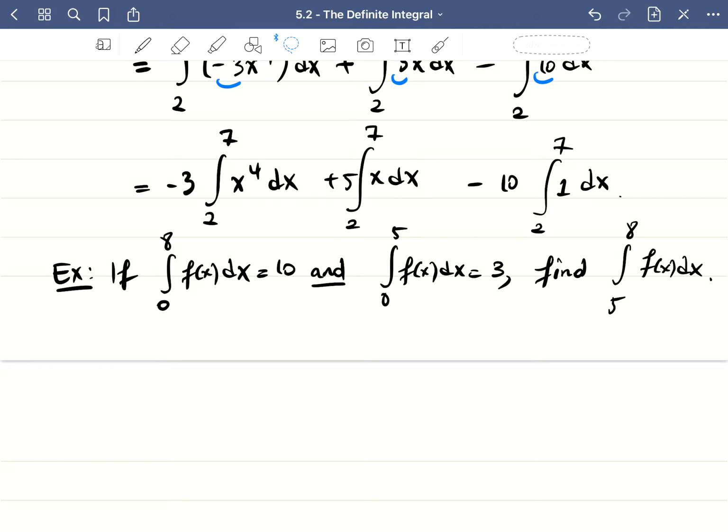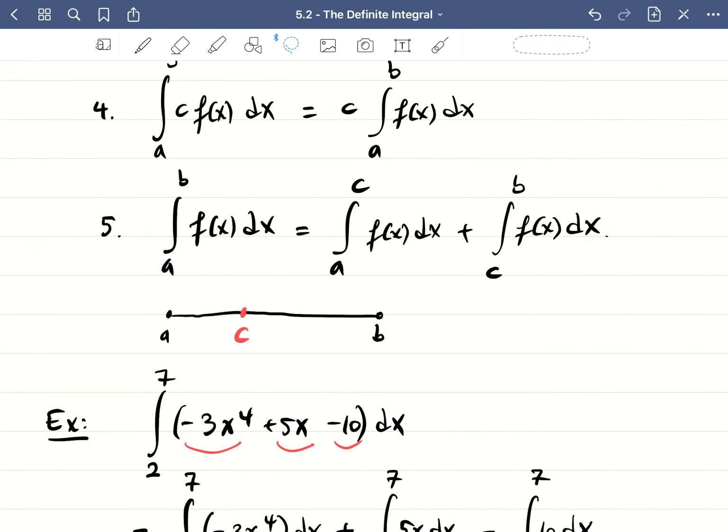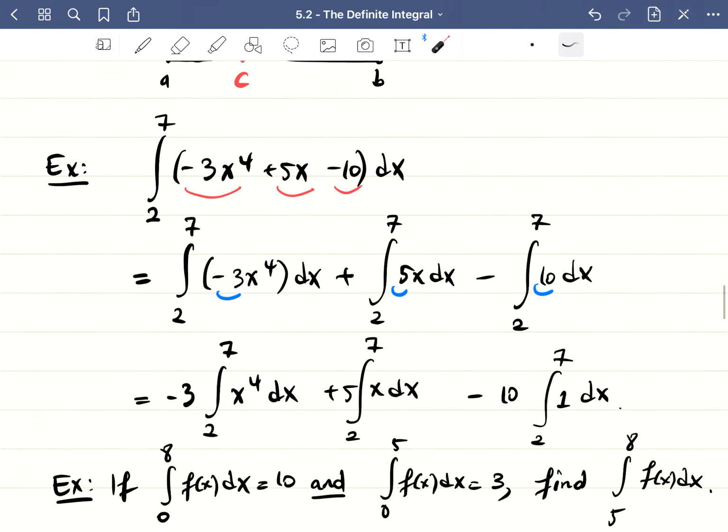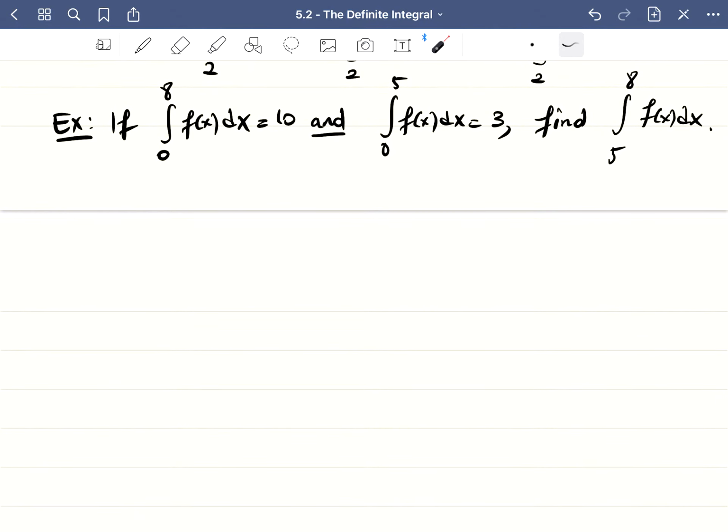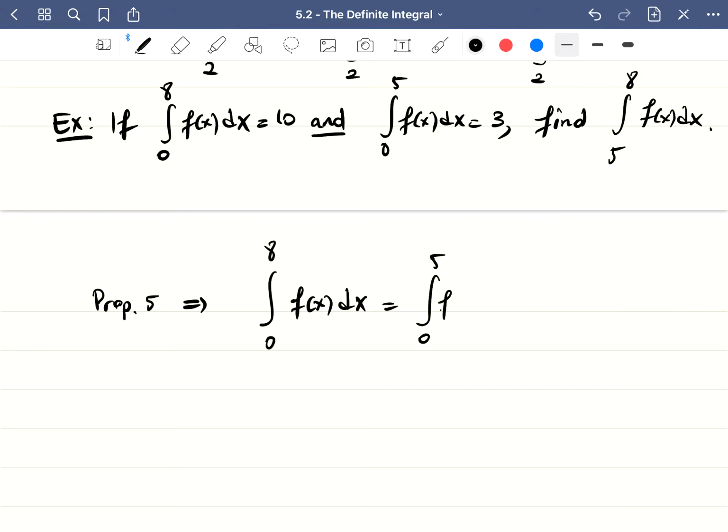Okay, so let's use property number 5 now. We're going to use this property to solve this question. Property 5 implies that the integral from 0 to 8 of f is the integral from 0 to 5 of f plus the integral from 5 to 8 of f.